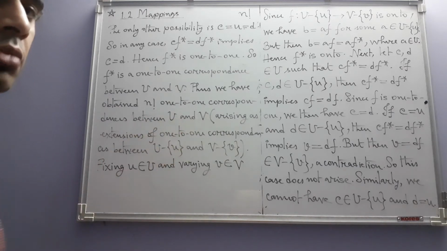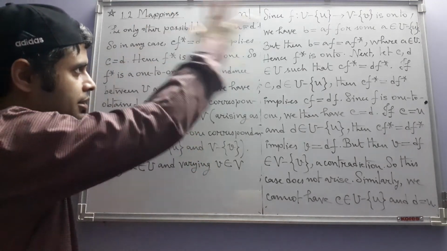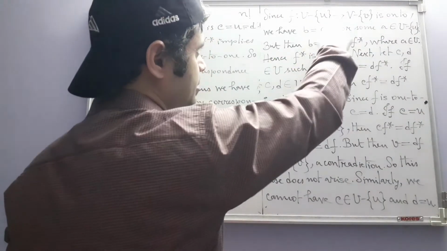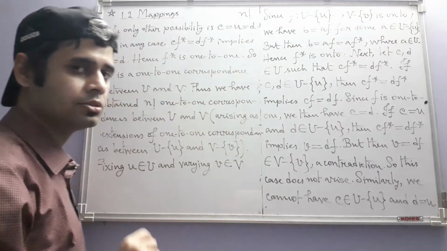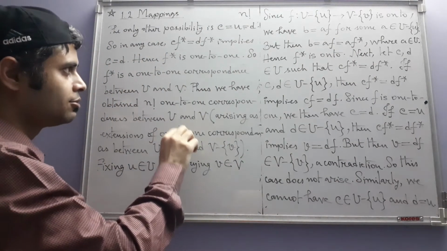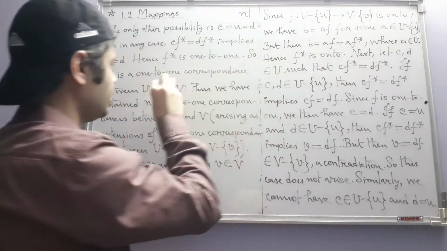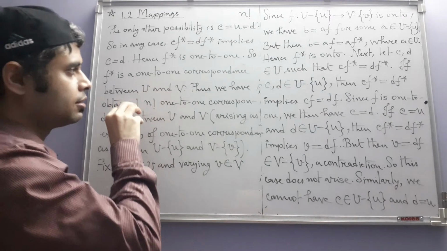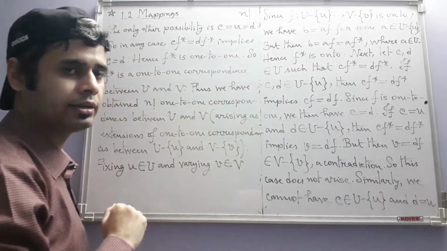New one-to-one correspondences, because since everything happens depending on small u and small v, if I change small v, then for one value of v I have n factorial one-to-one correspondences, which are extensions of mappings which are like this.